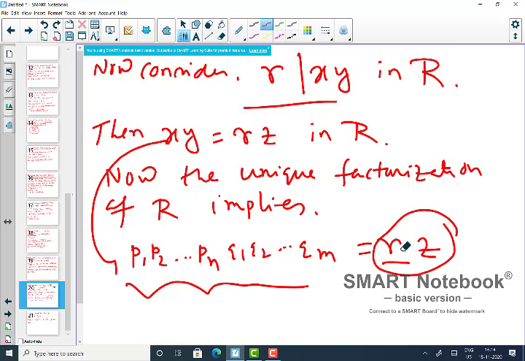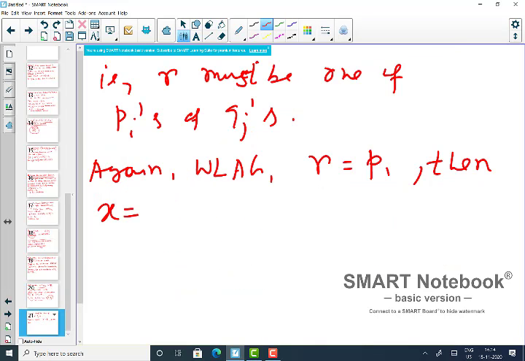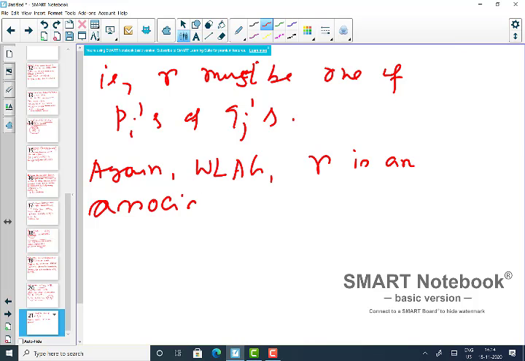So R may be an associate of P1. Let me write down that R is an associate of, say, P1. That you can write R in terms of a unit times P1.